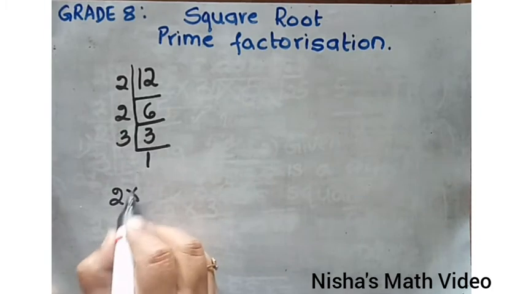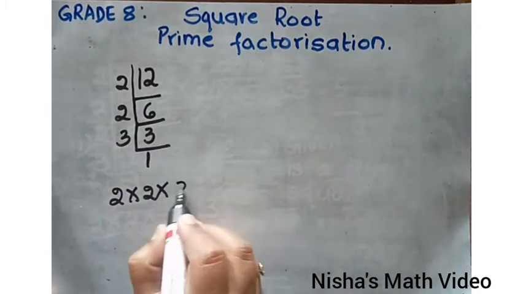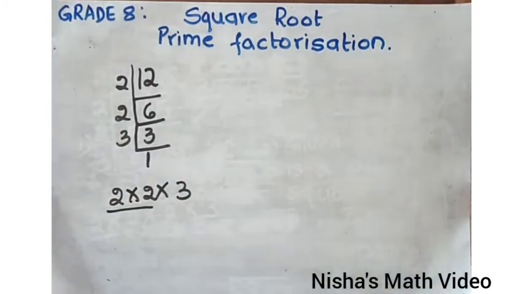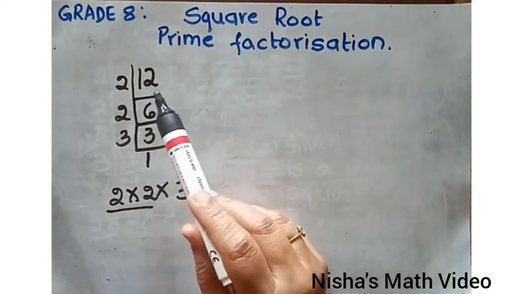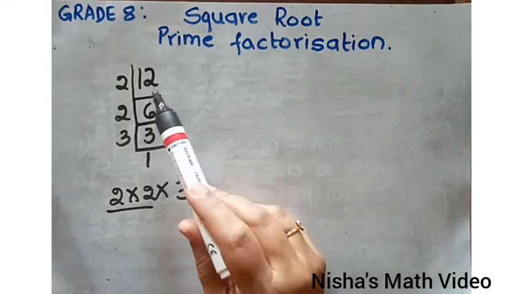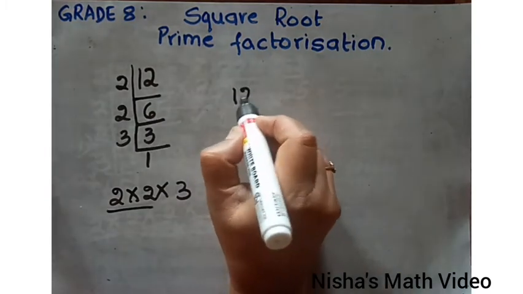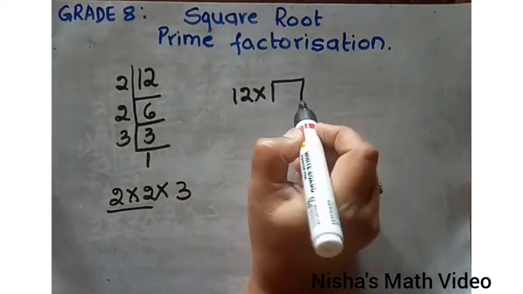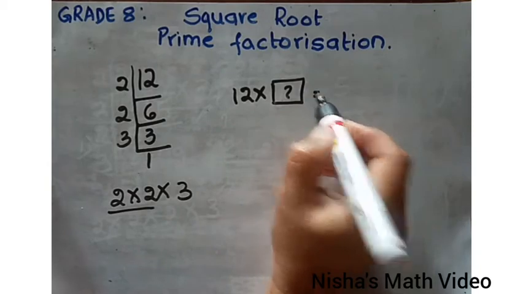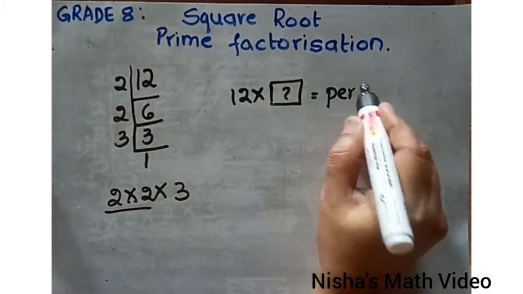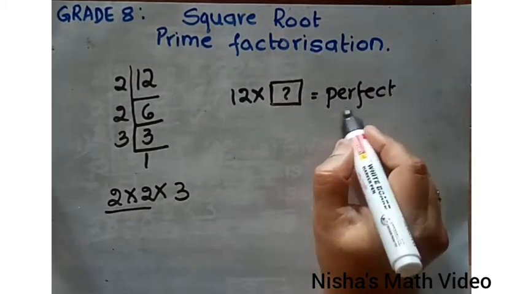You have 2 into 2 into 3. You have one pair, one is extra here. Now the question will say: find the least number to be multiplied to 12 so as to make it a perfect square. That is, 12 should be multiplied with which number to make it a perfect square?